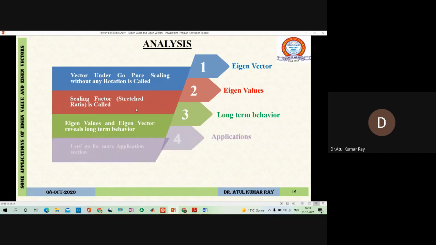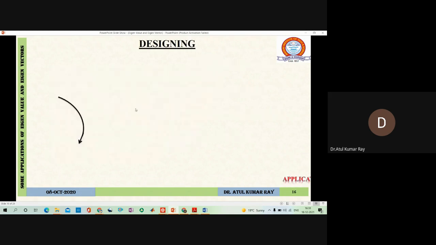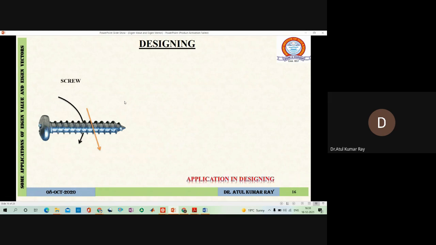Okay, so let's see more applications related to eigenvalues and eigenvectors. In terms of designing, it helps in drilling machines also. I think you all have seen the drilling machine with which we fix our screws on the wall.